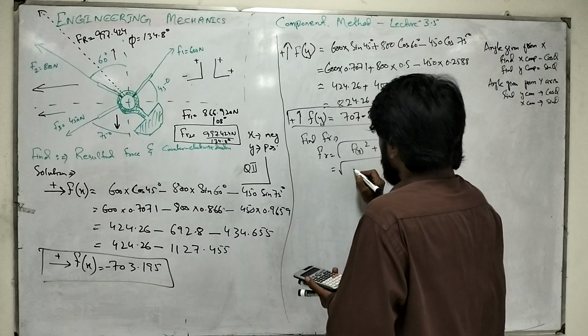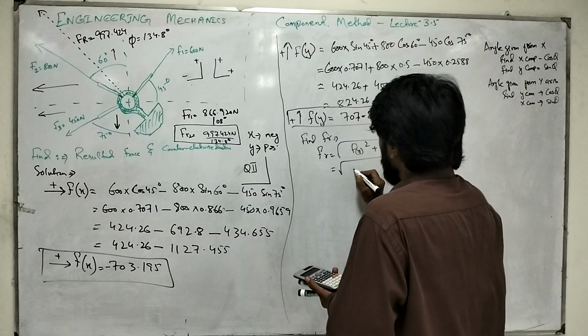The reference axis will be the x-axis. But if you want it from the y-axis, you need to make the equation like this: tangent inverse of Fx upon Fy. If you use this one, you will have an angle from the y-axis. If you use the other, you will have a reference angle from the x-axis. So I want the x-axis as the reference.